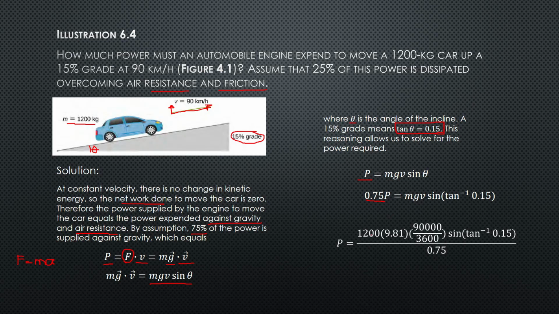So mass is 1200 kilograms, acceleration due to gravity 9.81, velocity 90 kilometers per hour. Velocity is always in meters per second, so you need to convert this to meters and hours to seconds, so that gives you 90,000 per 3,600 seconds, times sine theta, then dividing both sides by 0.75.